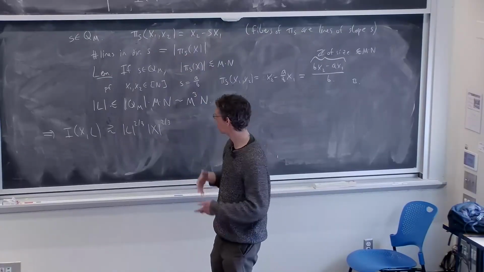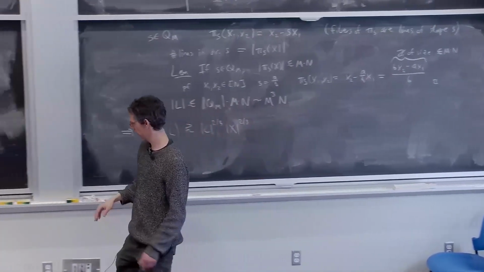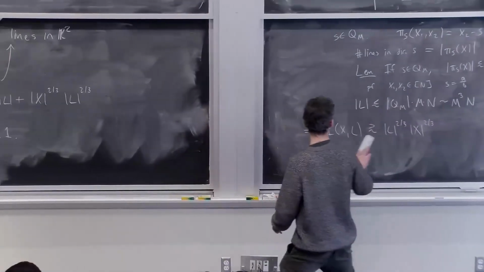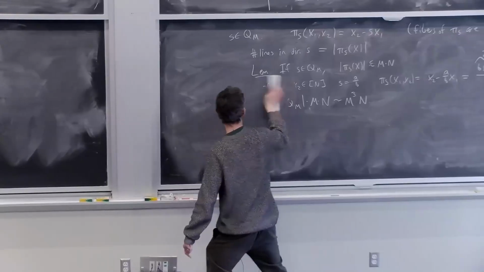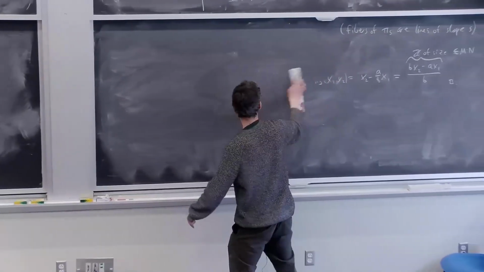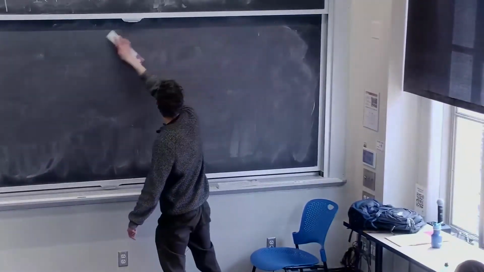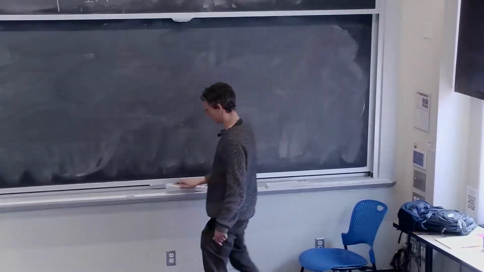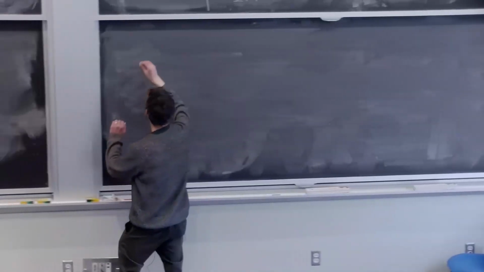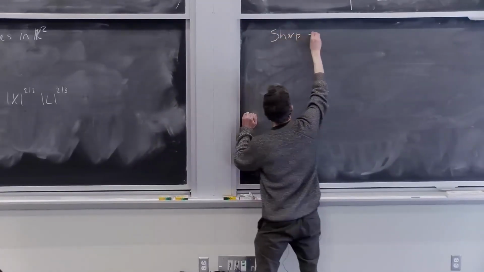And it's conceivable that the list I'll show you is everything. OK. So what are the sharp examples for Szemeredi-Trotter?